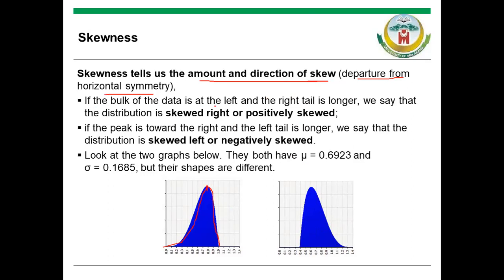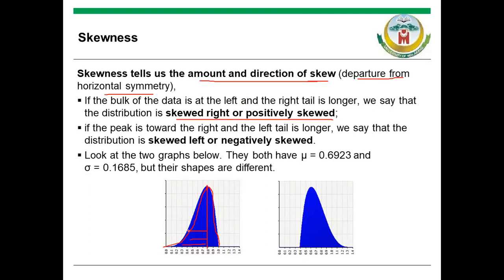If the bulk of the data is at the left and the right tail is longer, we say that the distribution is skewed right or positively skewed. Now what does skewed right or positively skewed mean? If the bulk of the data is at the left, let's say in this case this position is the center, and most of the data is towards the left.